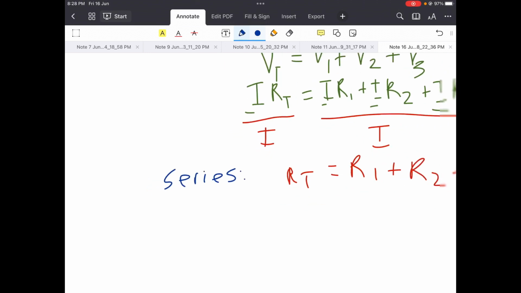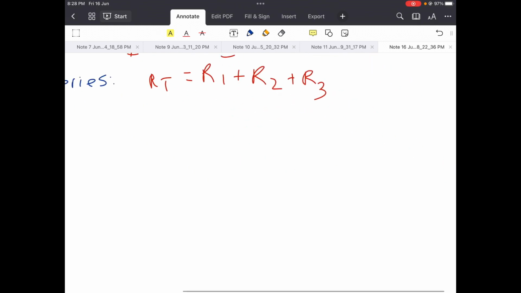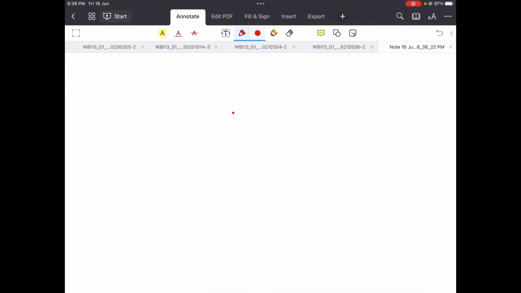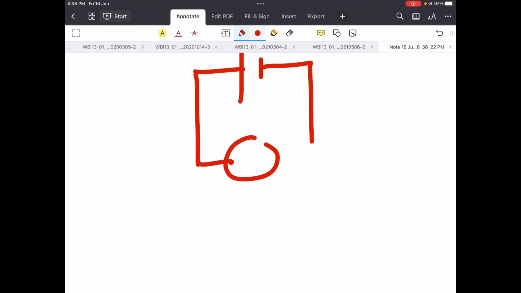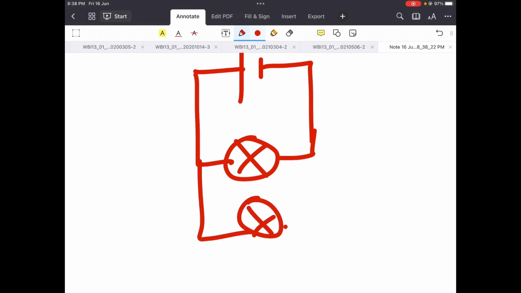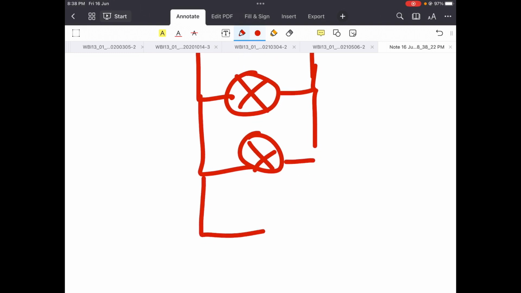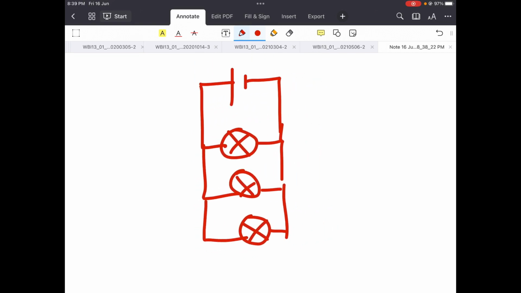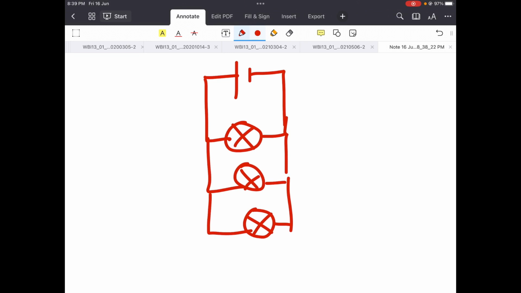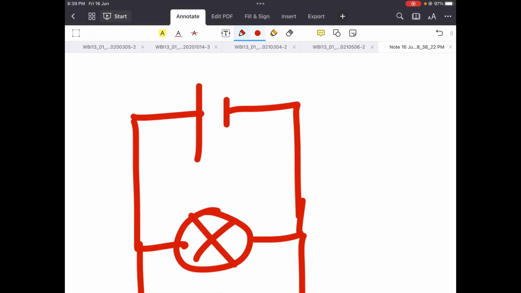What about parallel? What would we do in a parallel circuit? Okay, now that is a bit different. Let's draw a parallel circuit. And this time I'll make 3 branches, so we have 3 filament lamps. And as we know, in a parallel circuit, the voltage that each of the components in the branches receives is the same as the maximum voltage, right?